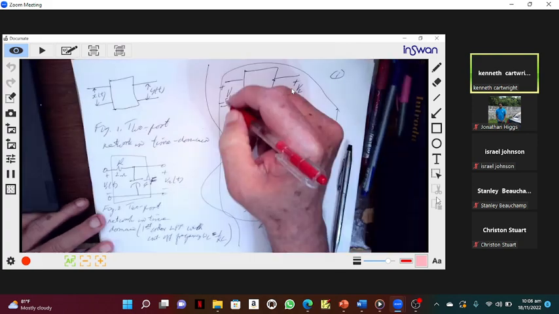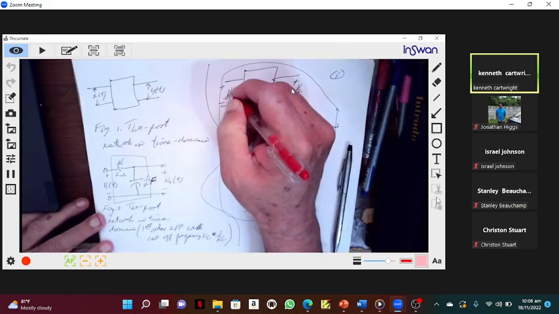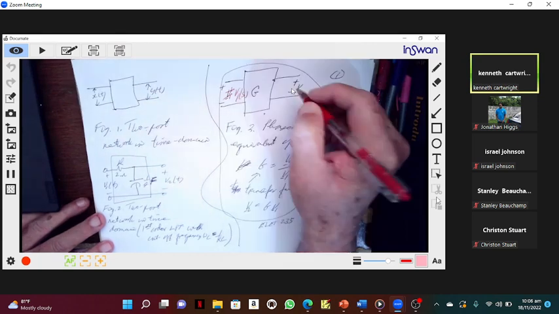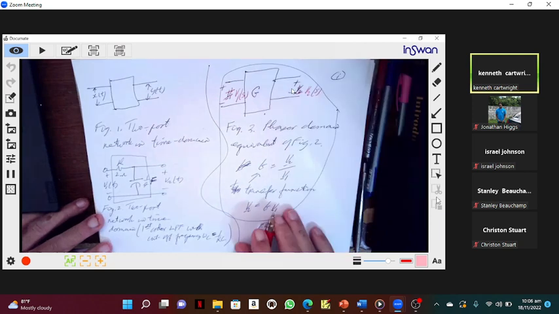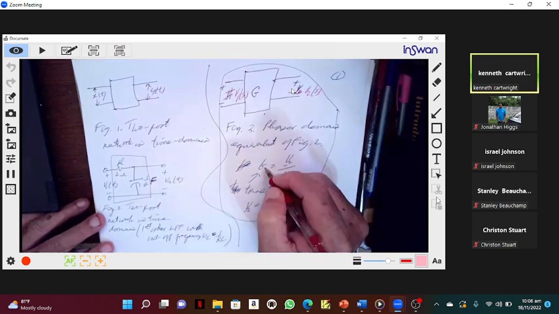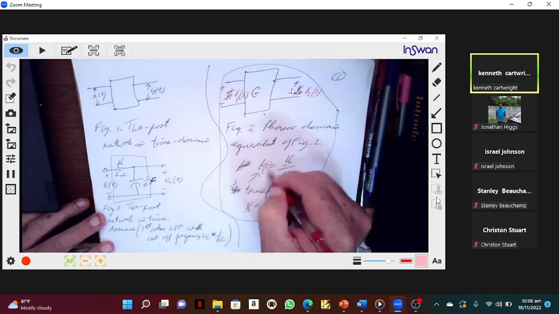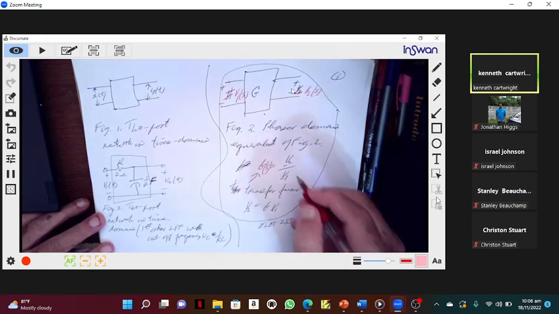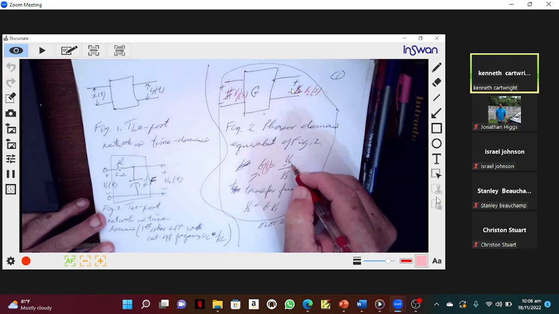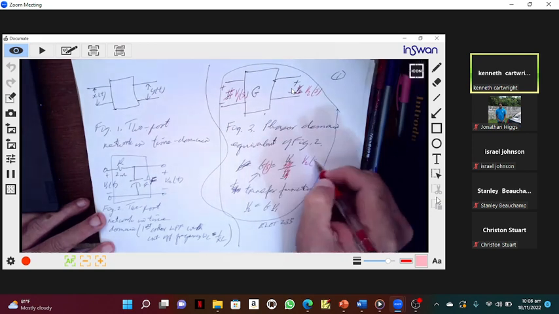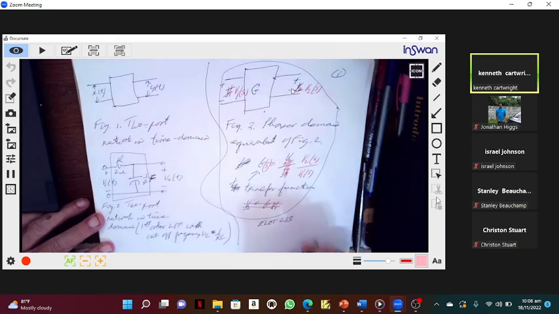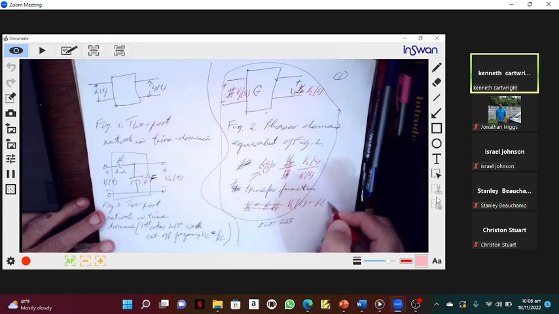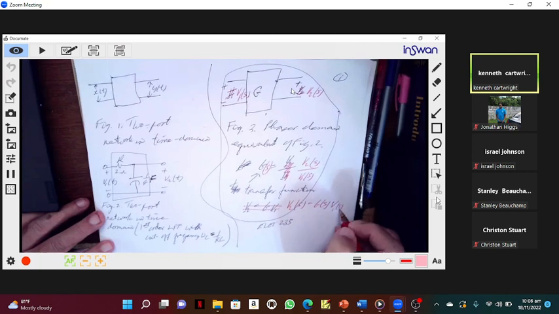So this now is V1 of S and V2 of S. And then G of S will be V2 of S over V1 of S. And now the output would be V2 of S equals G of S times V1 of S. So what am I saying?